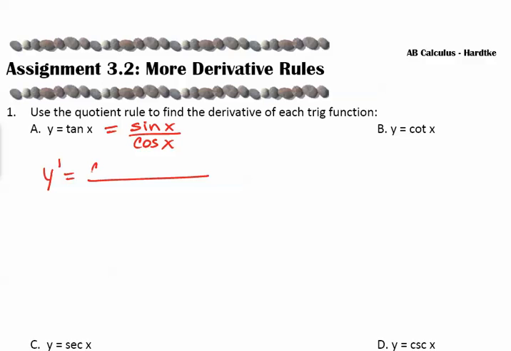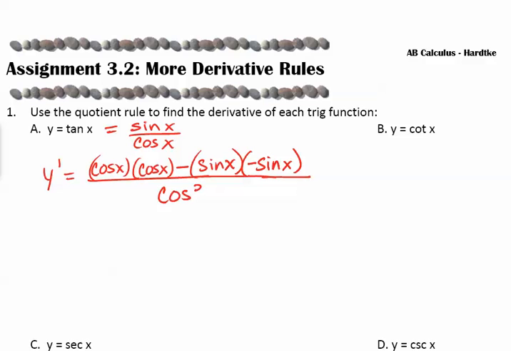So we want low d high, the derivative of sine is cosine, minus the high function, sine of x, times the derivative of the low function, that would be negative sine of x, all divided by low squared. So low d high minus high d low.